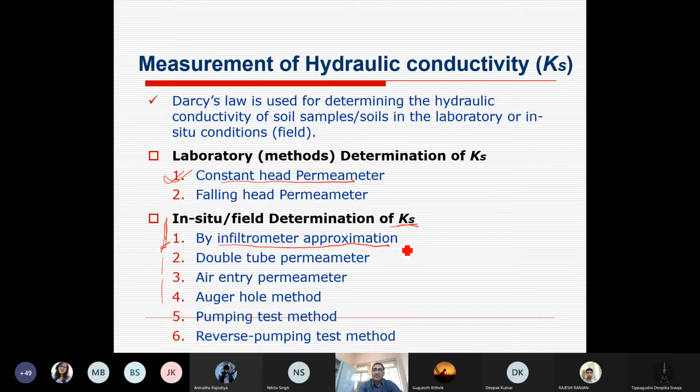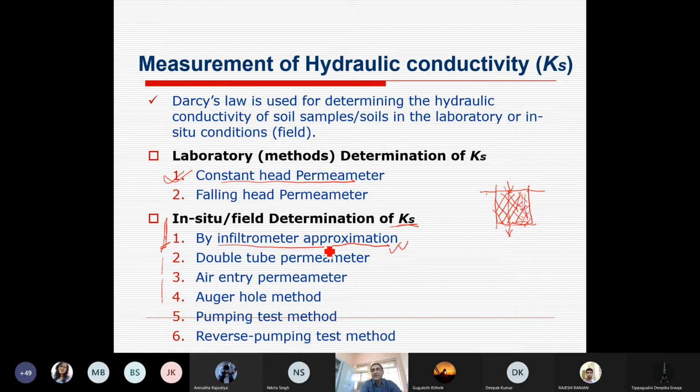So in this particular approximation, we are assuming that the underlying soil where we have fitted this infiltrometer is homogeneous, meaning there is no difference in soil particles. We are assuming that whatever is infiltrating passes through this soil and comes out from the bottom after saturating it.